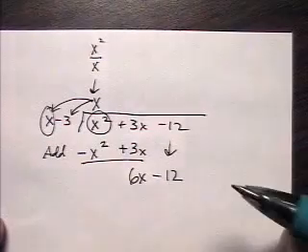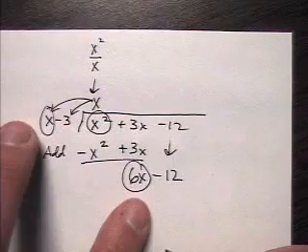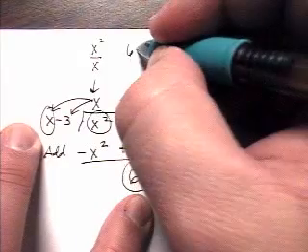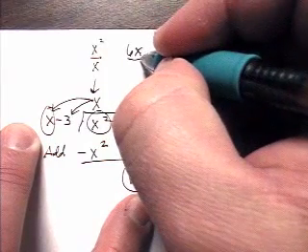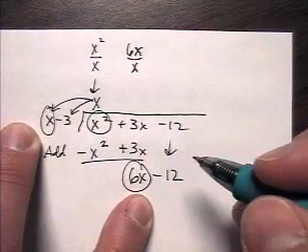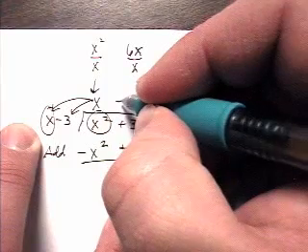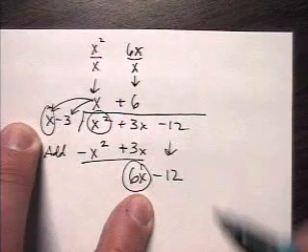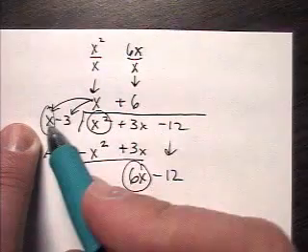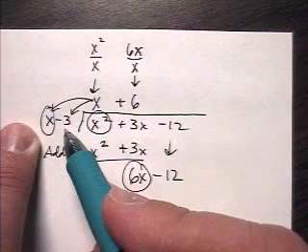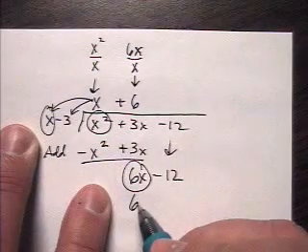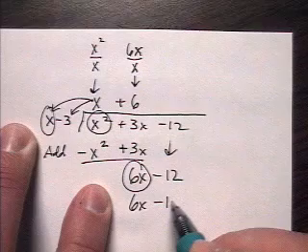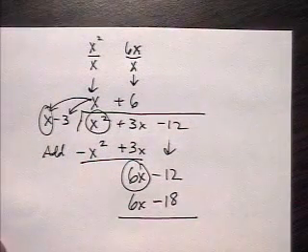Then I can carry down my minus 12. Now I'm going to focus my attention on the 6x and the 1x. 6x divided by 1x. Whatever I get out of that is the next thing. It is a positive 6. And now I'm going to multiply the 6 times the x and the minus 3, giving me 6x minus 18.